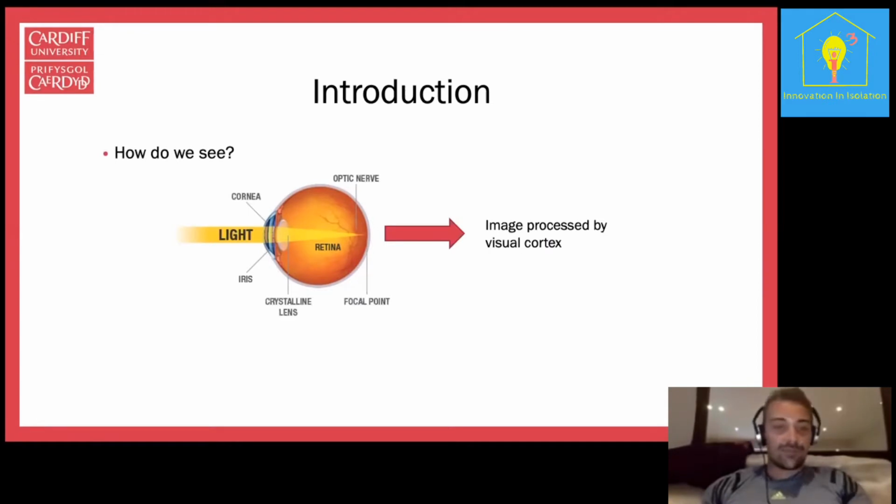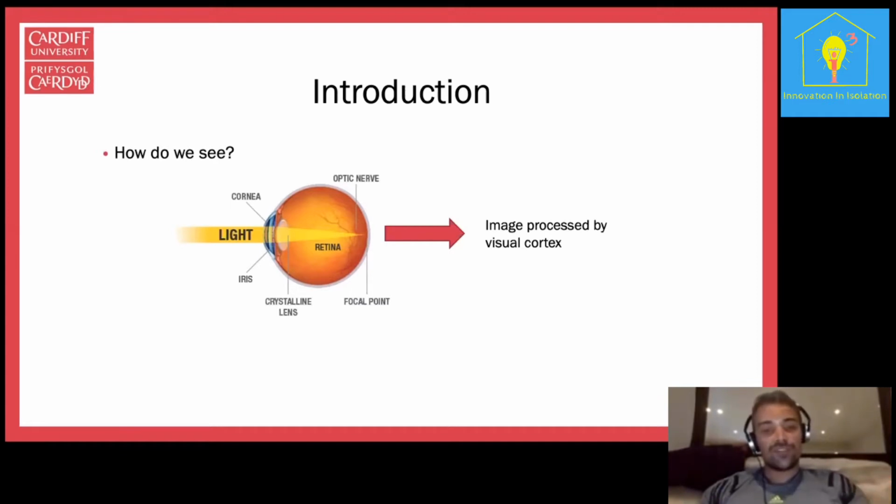So as you can see, it passes first through the cornea. What the cornea does is it refracts the light, so it angles the light towards the lens, through the iris, or through the pupil rather. The iris controls the amount of light that is passing through, and then the lens focuses the light on a specific area of the retina in order to get you the clearest vision.